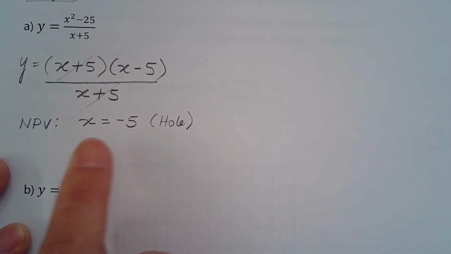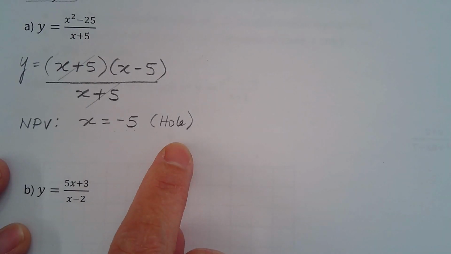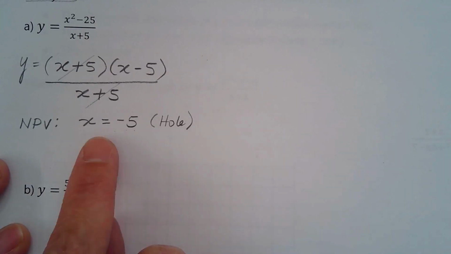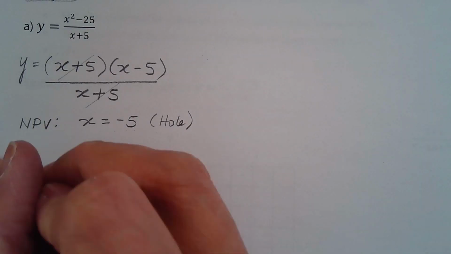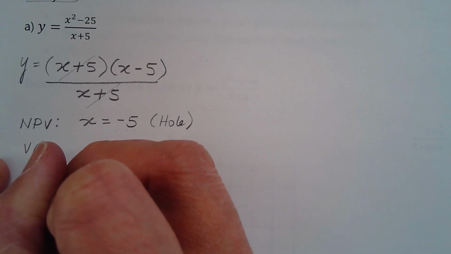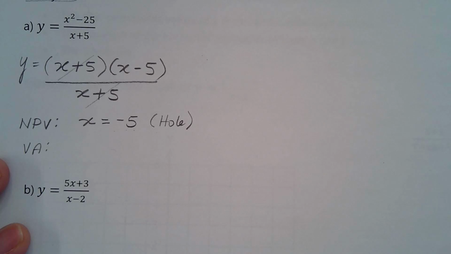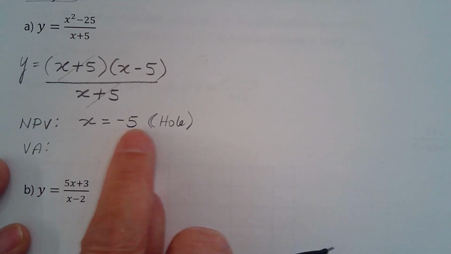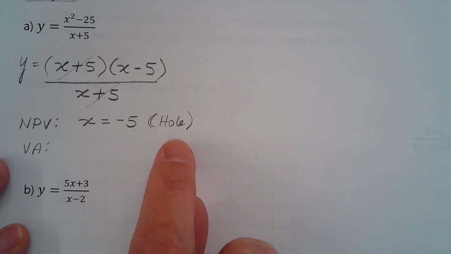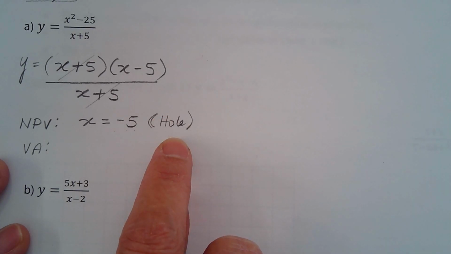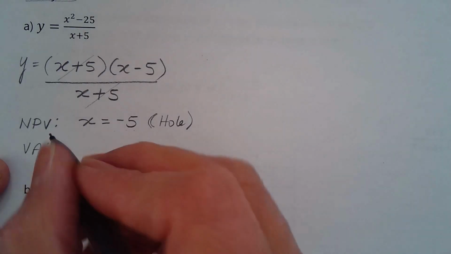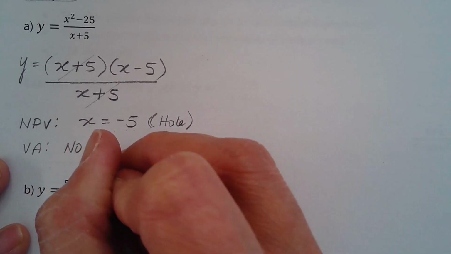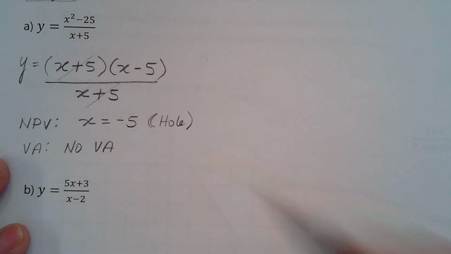This is the x value for the hole. So if this is a hole, is there any vertical asymptote? We already said this is a non-permissible value, and that non-permissible value is a hole. So that means no vertical asymptote. Or we can say none, right? None.